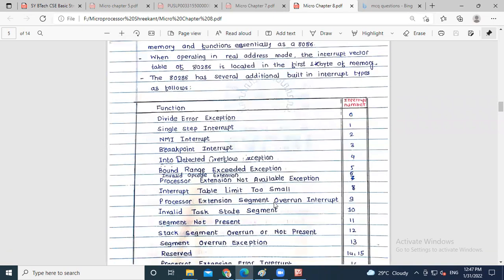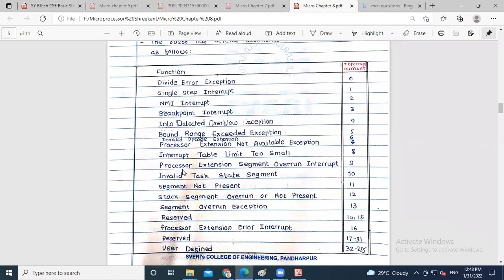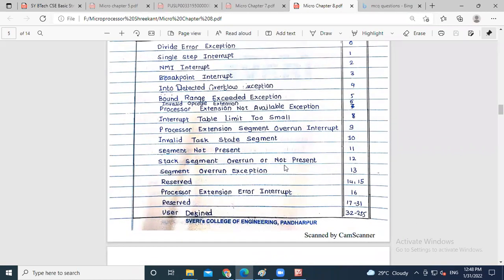These are the divider error exception, the single step interrupt, the non-maskable interrupt, the breakpoint interrupt, the INTO detected overflow exception, the bound range exceeded exception, the invalid opcode exception, the processor extension not available exception, the interrupt table limit too small exception, the processor extension segment overrun interrupt, invalid task state segment, segment not present, stack segment overrun or not present, segment overrun exception, the processor extension error interrupt, and reserved, so the user defined.